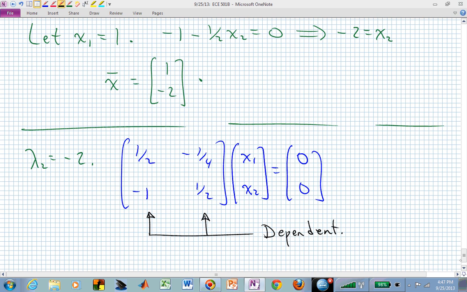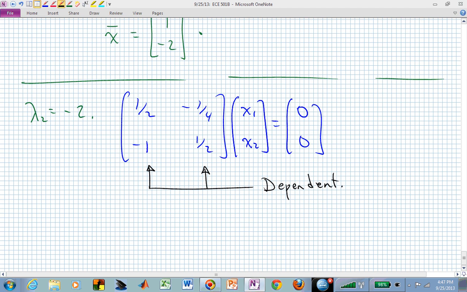We better have some dependency among those columns if we want a non-trivial vector in the null space of that matrix. And they are. You could multiply by minus 1/2 if you wanted to and get the second column from the first column.